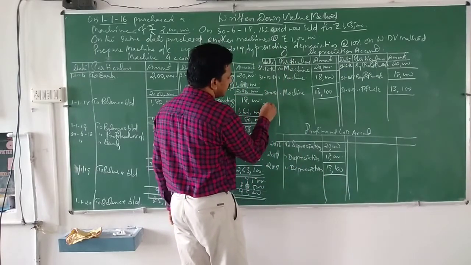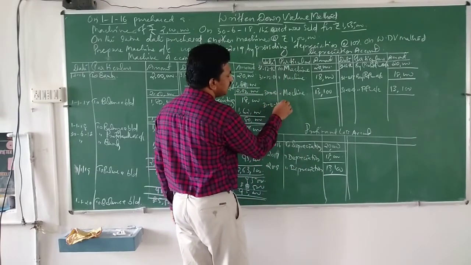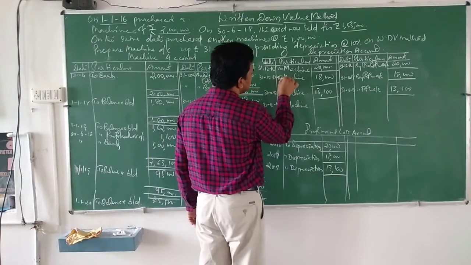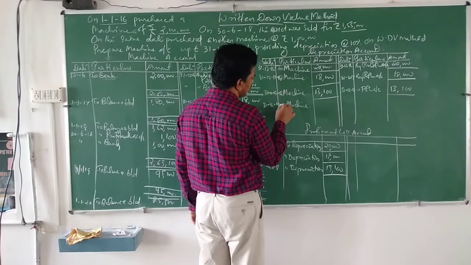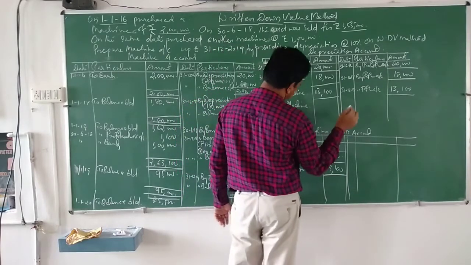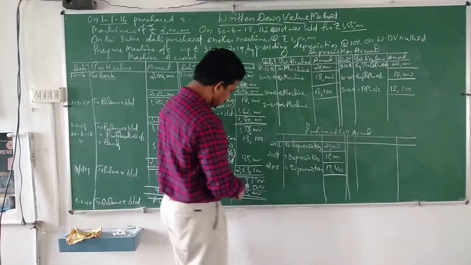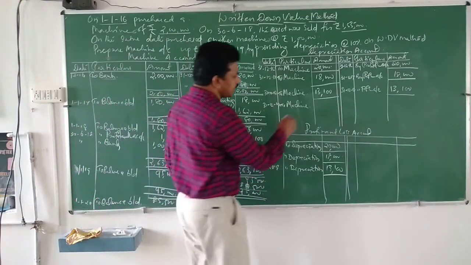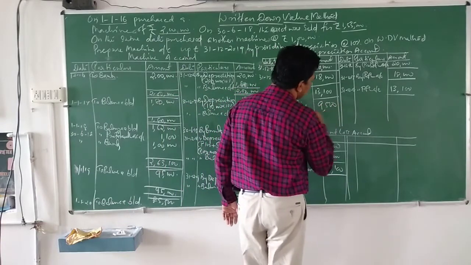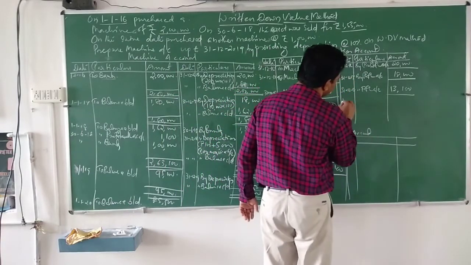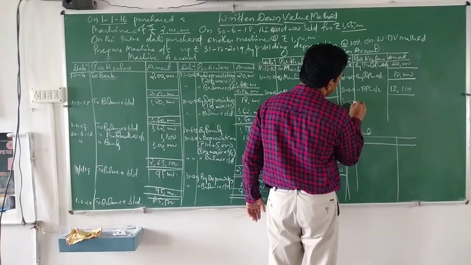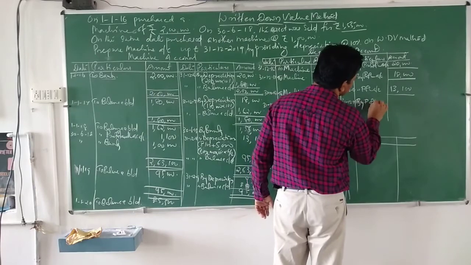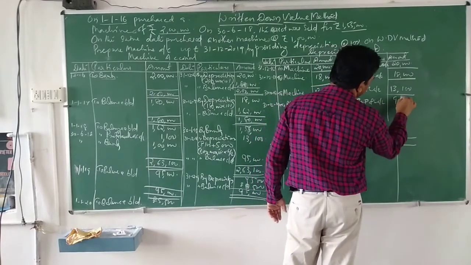And then 31 12 2019, to machine. How much? Last year's depreciation is 9,500. And that 9,500, by profit and loss account, 9,500.